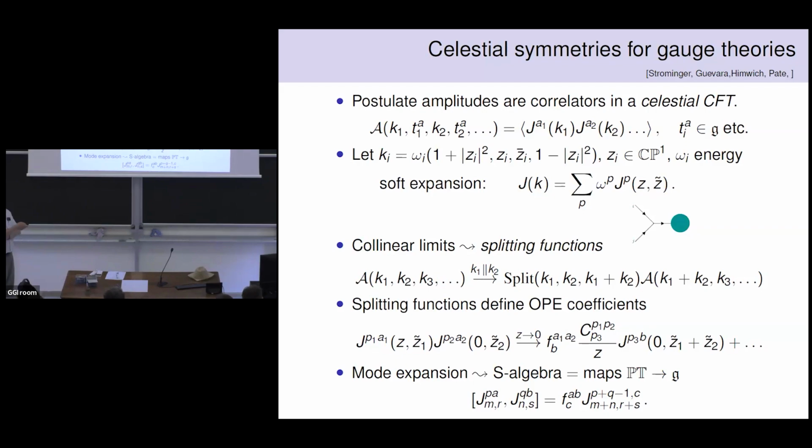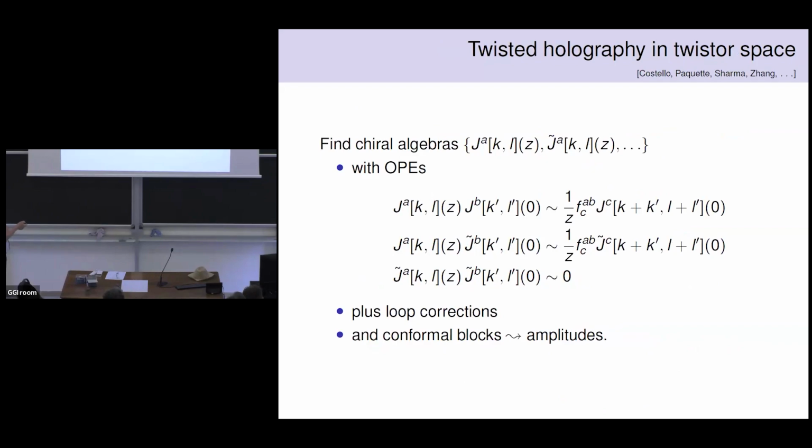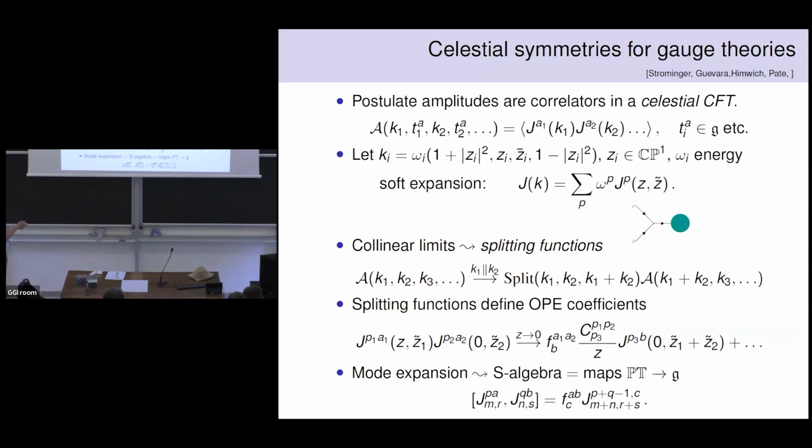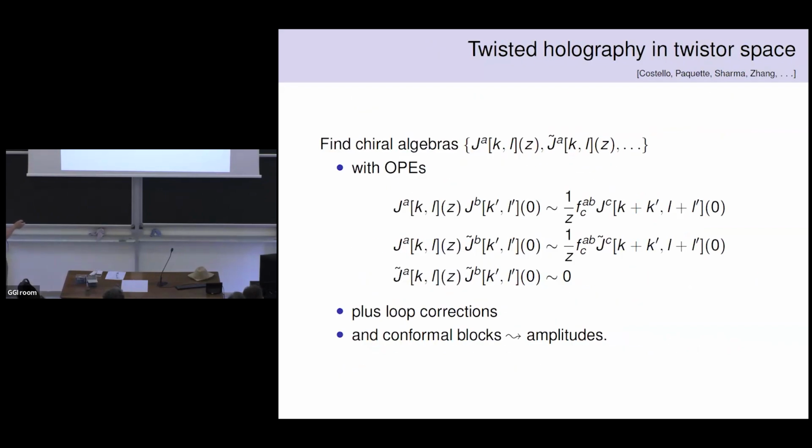Okay, so this is a nice algebra. Well, I'll tell you later what it is geometrically. So in the world of twisted holography, more in the world of Costello, Paquette, Sharma and others, you can introduce a J for the self-dual field, a J tilde for the anti-self-dual field.